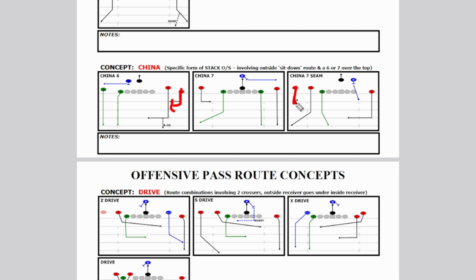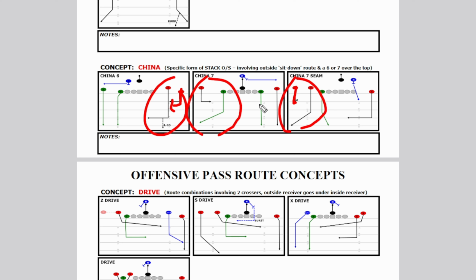The classic ones are your smash combinations. We call it China 7 to give it specific names, China 6, but that would just be smash. With the indie concept, it could be 3-by-1 as well.